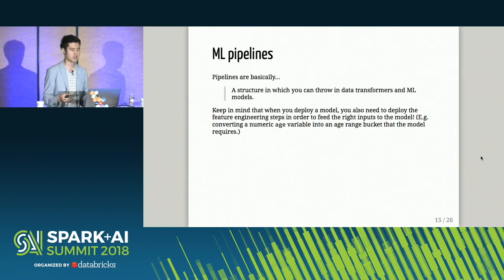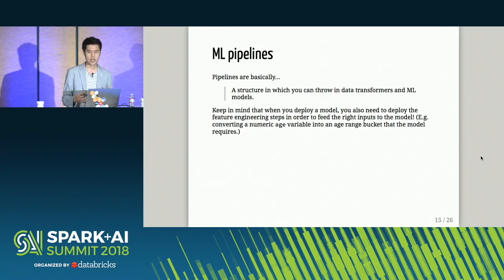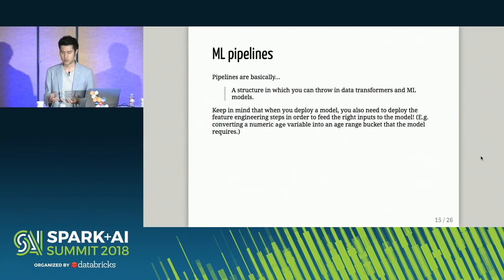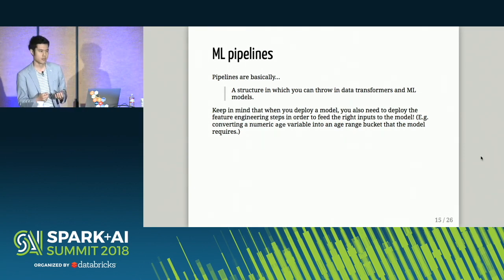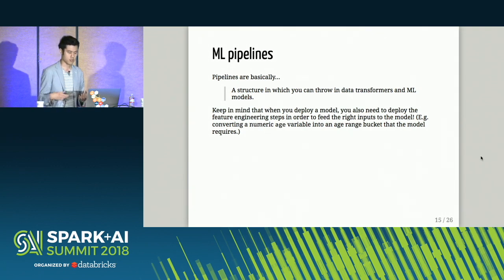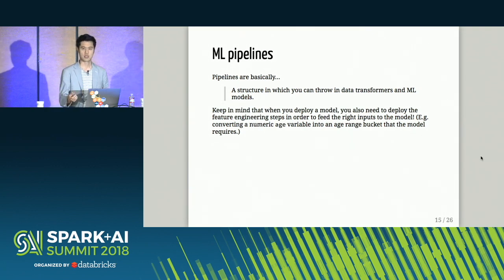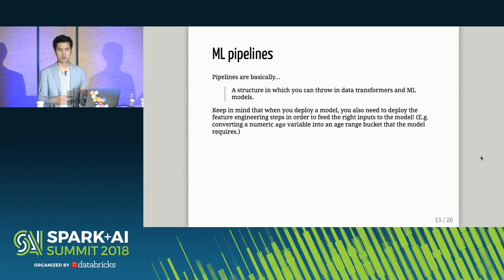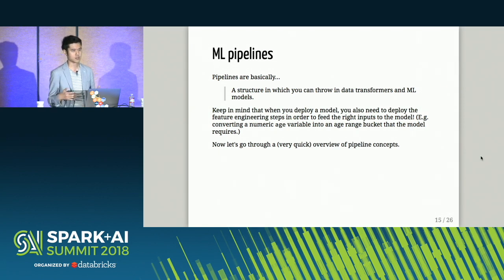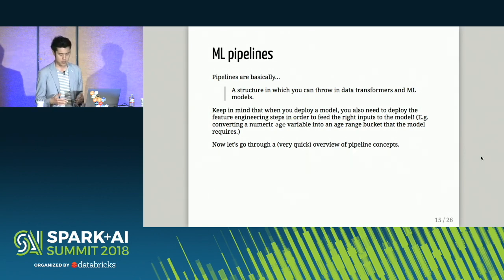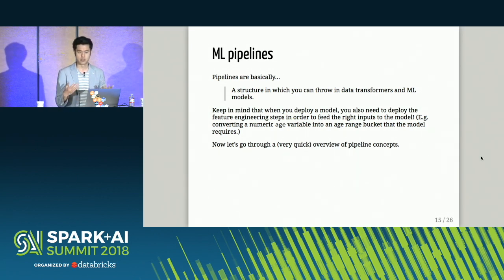As an example, maybe in your model, you have as a predictor a categorical variable that represents age buckets. But then during deployment, maybe these things come in as continuous values. So there's an extra step that you need to do to your data. So a pipeline basically encapsulates your feature engineering steps and your classifier or regressor.